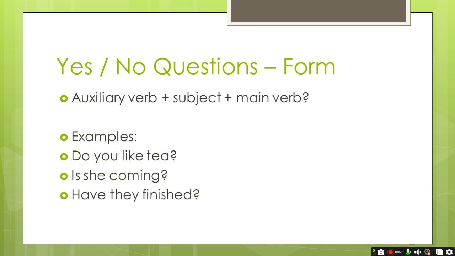Like we are having these examples here and their formation. We use auxiliary verb plus subject plus main verb. We have some examples here.